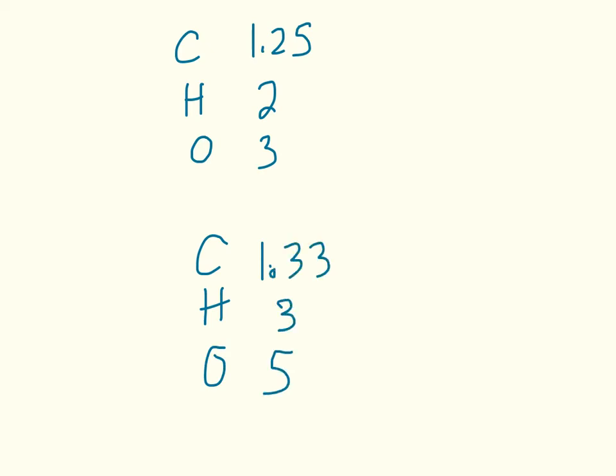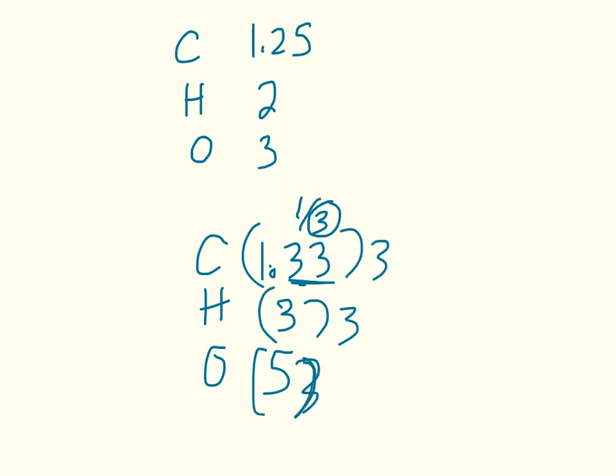You can't leave this fraction like that. I think of that fraction as 1/3. I think of the number on the bottom, and then I multiply all of these by 3, and I'll get whole numbers. So the other possibility would be 0.75, and 0.75 is really 3/4. So you would multiply all your numbers by 4 to get rid of that fraction on the bottom, and then you'd end up with whole numbers.